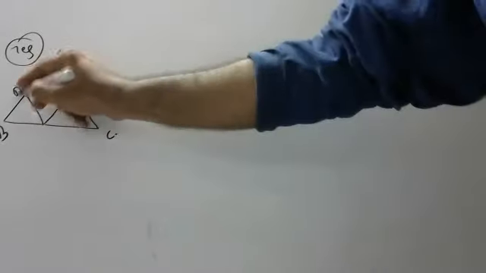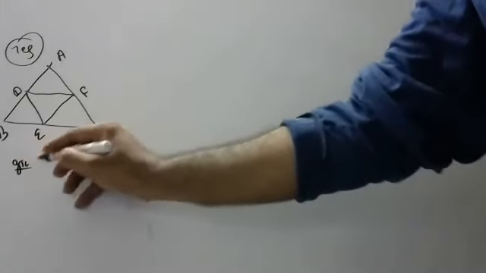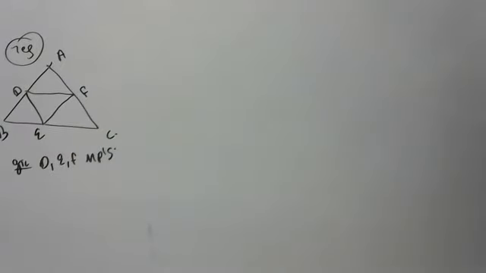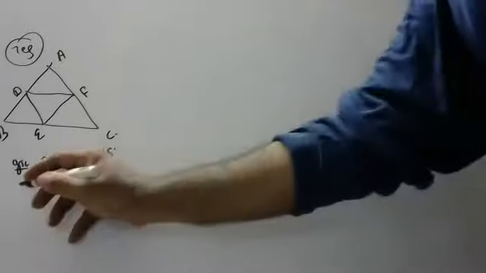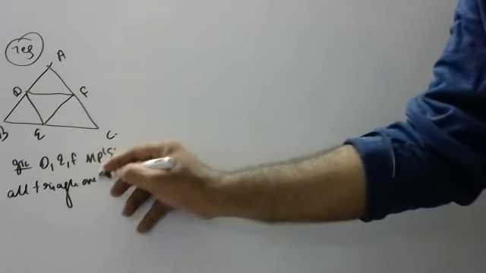Given D, E, F are midpoints, show that ABC is divided into 4 congruent triangles. We have to prove that all triangles are congruent. Chalo, let's do it.